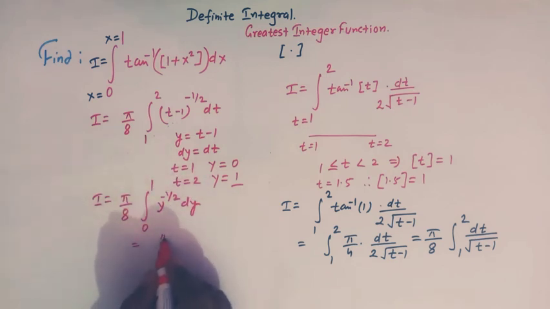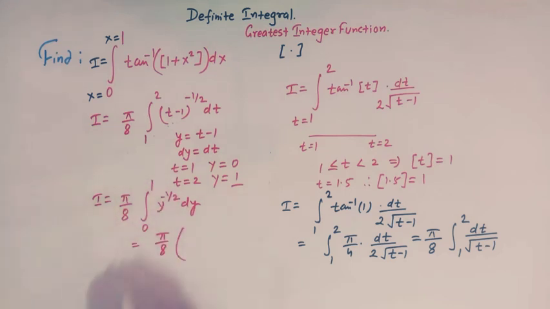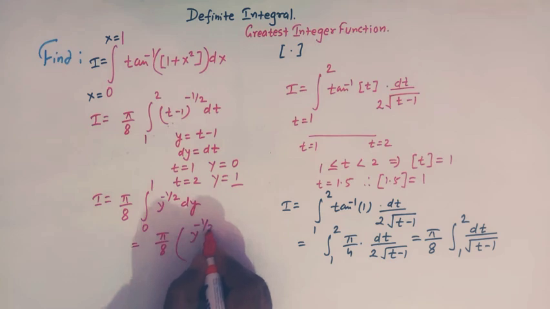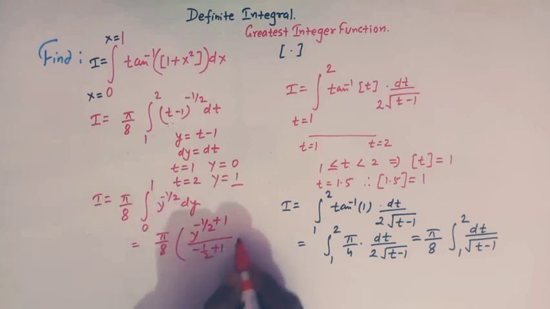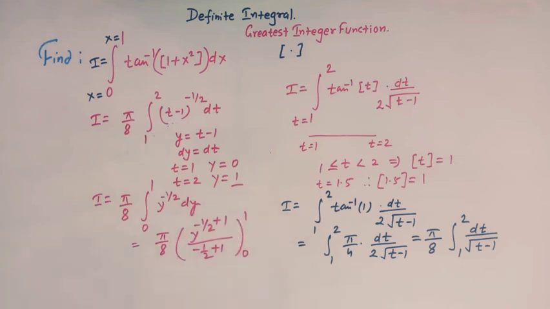And we know that the integral of y raised to minus half is y raised to minus half plus 1 over minus half plus 1, from 0 to 1, and we have pi over 8. Minus half plus 1 is half, so we have square root of y over half, and the limits of integration are from 0 to 1.